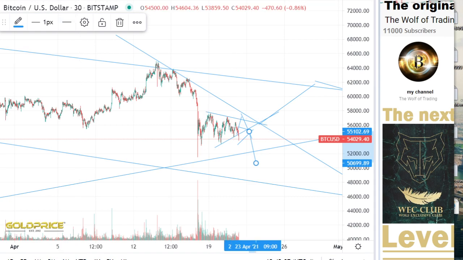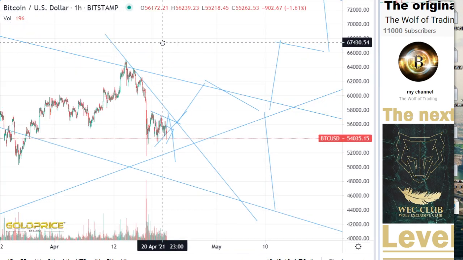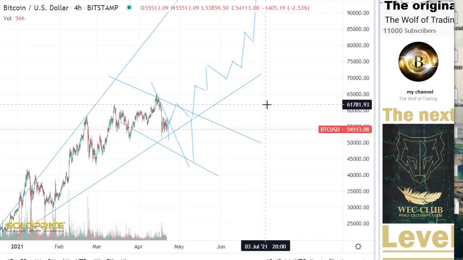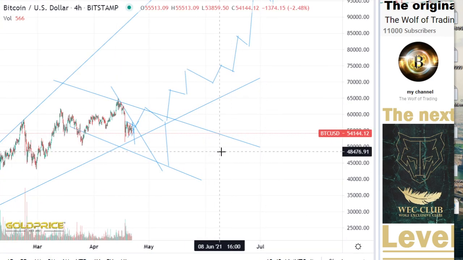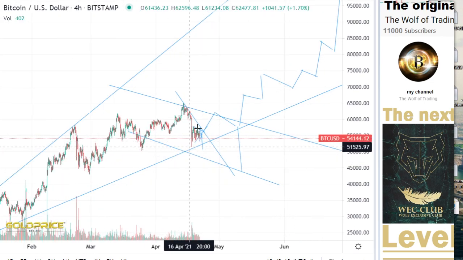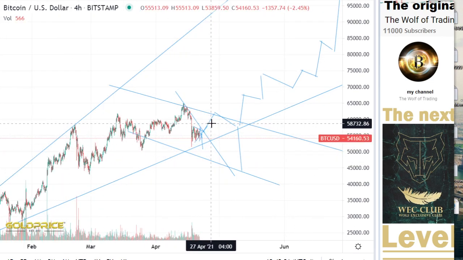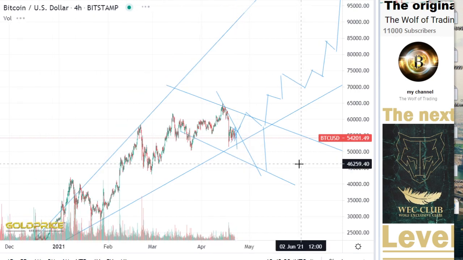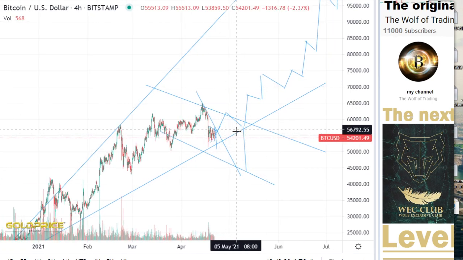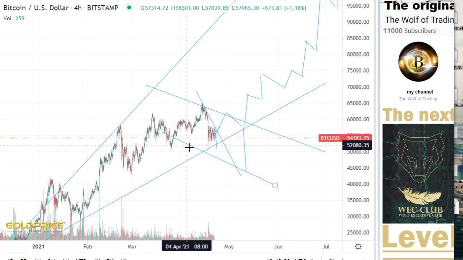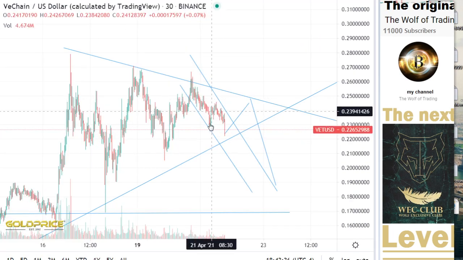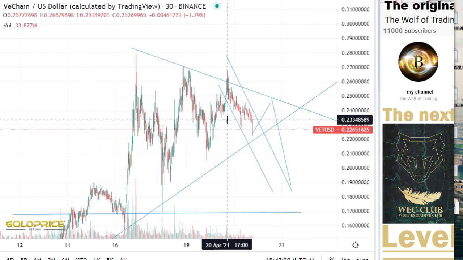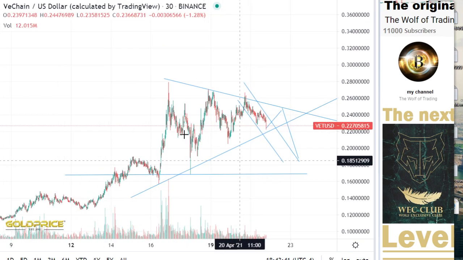We also calculated this, because you see we have this formation, and I also calculated this in my chart, that we fall to these levels, go to the top side and then a big trend to the downside. 47,000 is possible, what I do not believe. I think we will see something like that. And if I look at the VeChain chart, I see also potential to the downside.